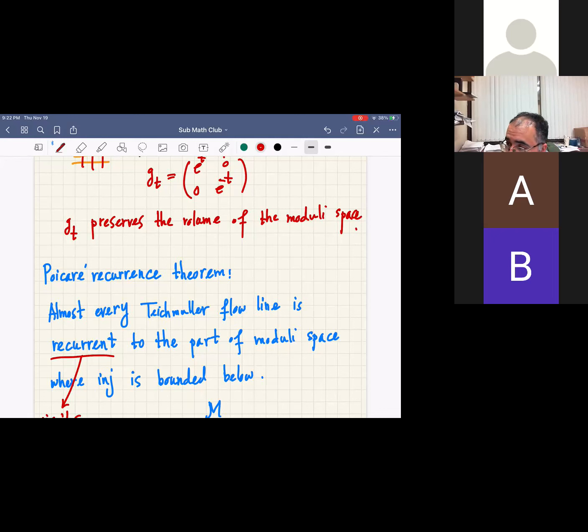But to say whether it's Hamiltonian, you need to give me your symplectic structure. Actually, I doubt that Teichmüller flow is. There is this other thing called Weil-Petersson flow, which is Hamiltonian with respect to some natural symplectic structure on the moduli space. But I don't think that Teichmüller flow preserves that. So first you need to tell me what your symplectic form is, and then I can think about whether it's going to be preserved and whether the system is Hamiltonian or not.